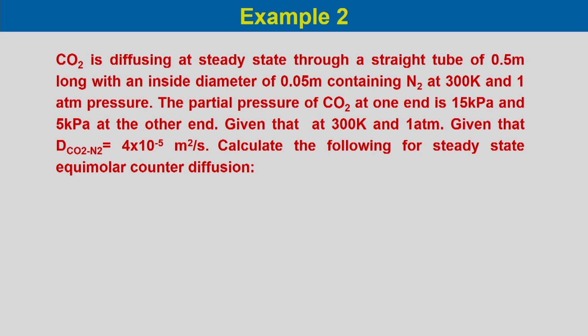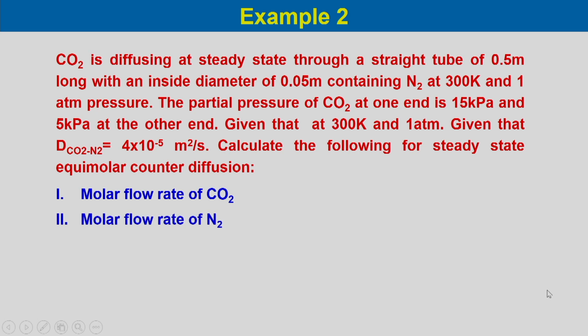Given that at 300 Kelvin and 1 atmosphere pressure, the diffusion coefficient is 4 into 10 to the power minus 5 meter square per second. Now, we need to calculate the following for the steady state equimolar counter diffusion: the molar flow rate of carbon dioxide and the molar flow rate of nitrogen, and we need to see whether they are equal or not.